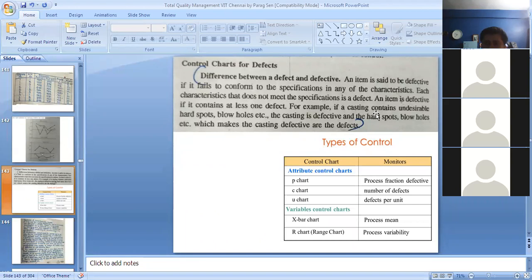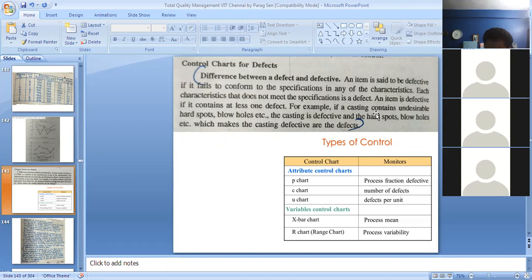It is to be noted that one item or one product may have several defects. Suppose two defective items may have 7 defects. So that is the concept of defects and defectives.